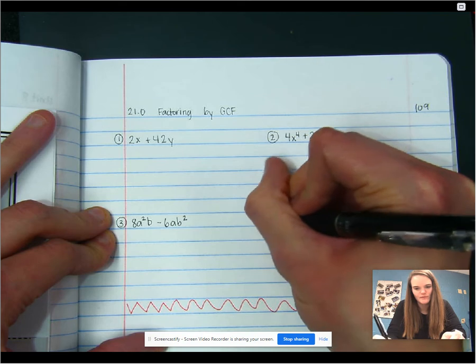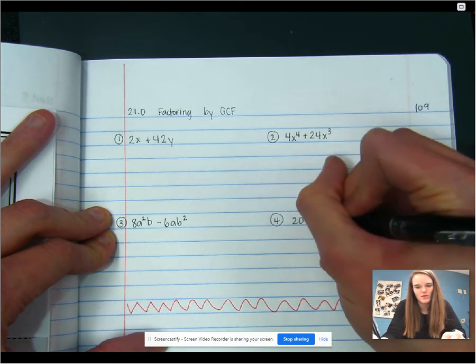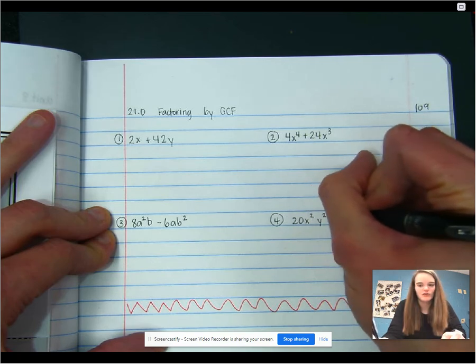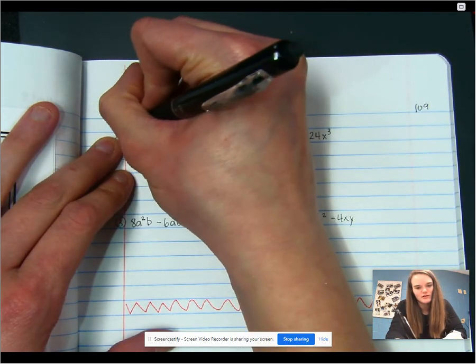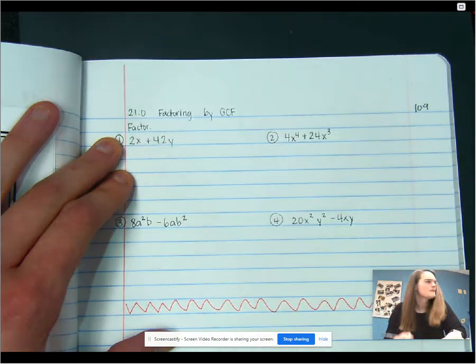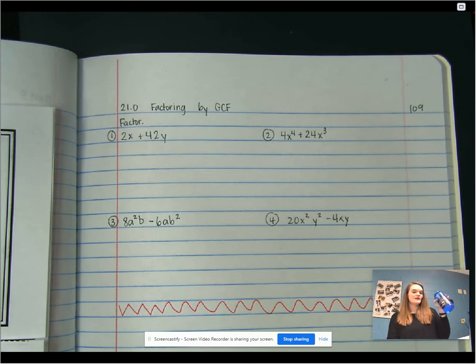And number 4, 20x squared y squared minus 4xy. And I'm going to write factor. We're going to do these 4 problems, but if I were you, I'd pause it and try them on your own. It's factoring, is what we just finished.